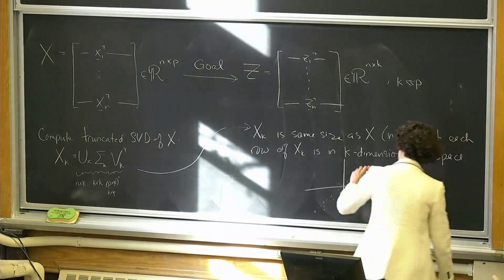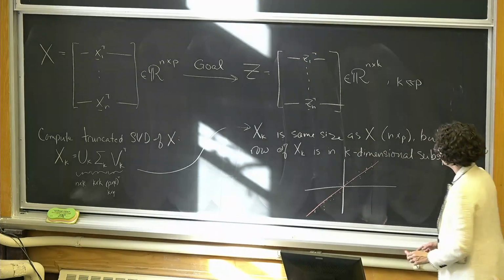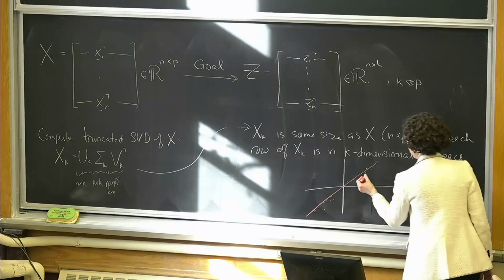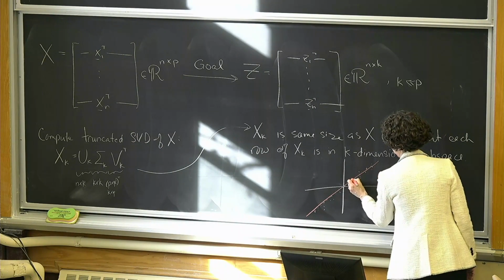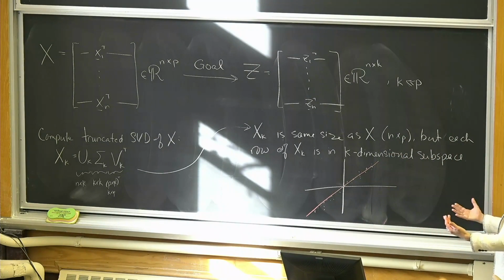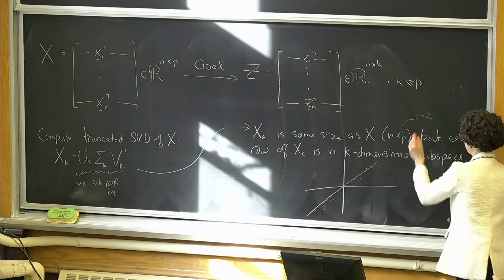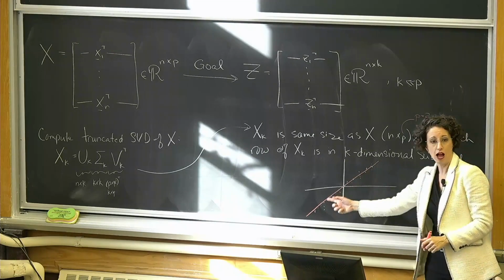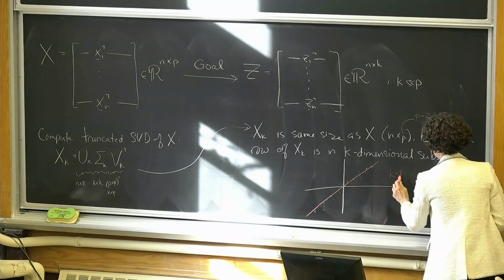I'm just going to draw a solid line here. And so XK is going to have all of the original points projected onto this line. So they're still being represented in a 2D space, right? We still have P in this example equal to 2. But they all lie along a one-dimensional subspace. So here K is equal to 1.